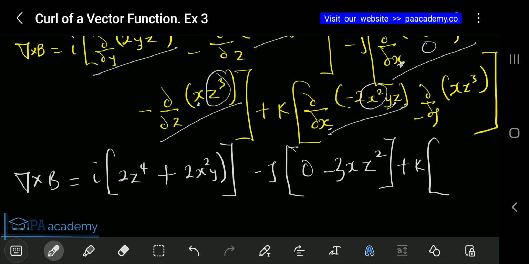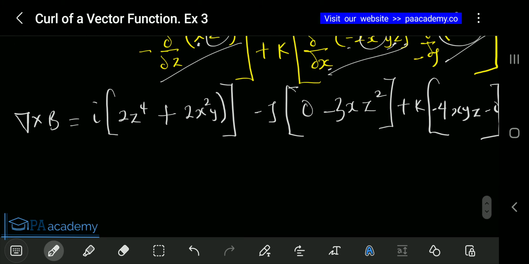That will give us minus 4xyz. Are we good? Now let's come over here. We are differentiating with respect to y. Since there is no y here, everything is just 0. So you can just write minus 0, and then we close it.